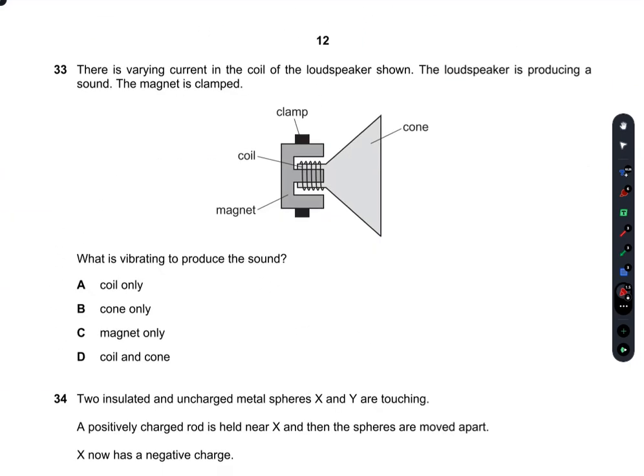There is a varying current in the coil of the loudspeaker shown. The loudspeaker is producing a sound. The magnet is clamped. So what is vibrating to produce the sound? So there is a varying current in the coil, as he has said earlier. The magnetic field would differentially attract the current in the coil in an irregular pattern.